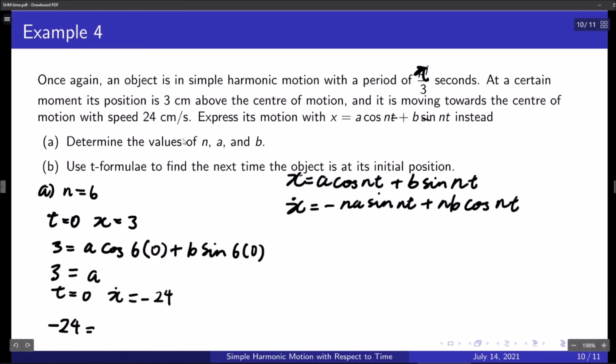Negative 24 equals negative 6A sine 0 plus 6B cosine 0.